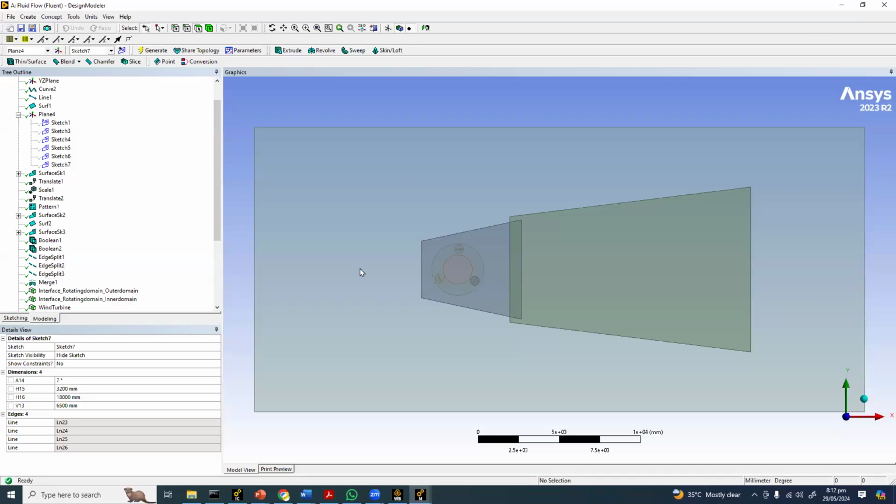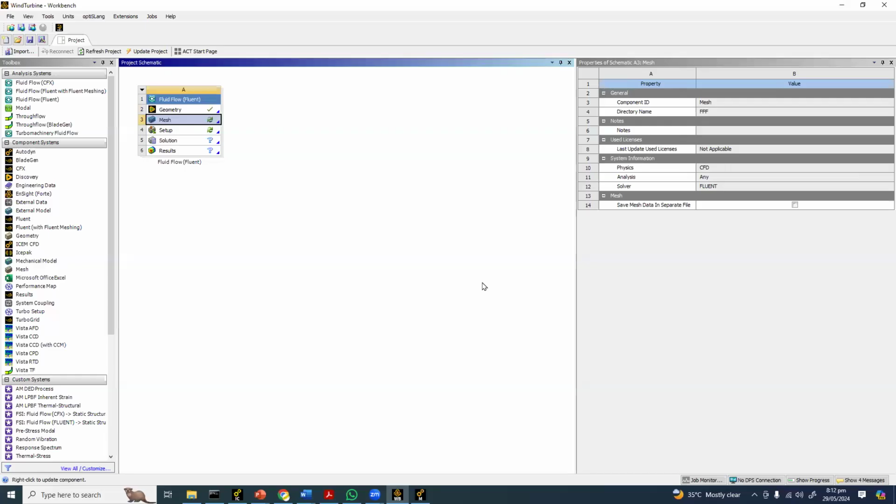Okay, now close the geometry and double click on the meshing. So we have to just recompute the mesh. That's the only thing we have to do.